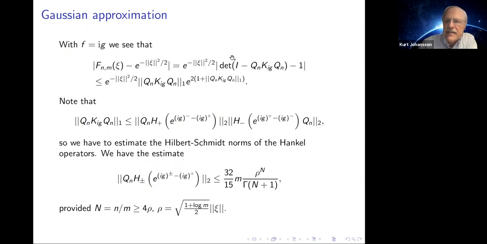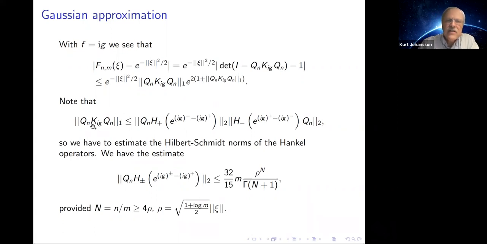But now I want to estimate the difference between this Fredholm determinant and 1. And this you can do by a standard estimate in terms of the trace norm of this operator. So you get the trace norm of the operator times e to the power of 1 plus the trace norm. This is a standard estimate that you can find in books on trace class operators.